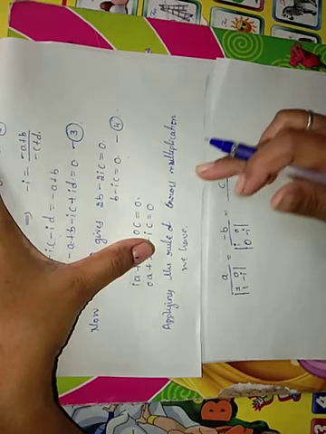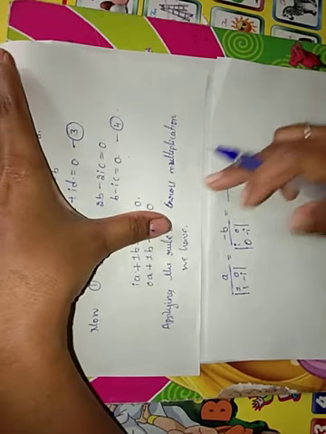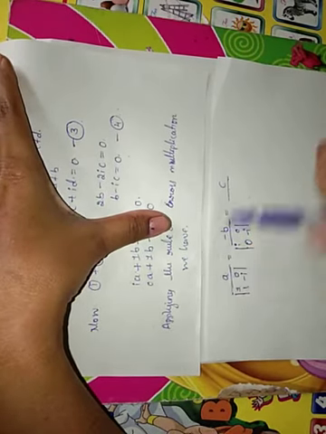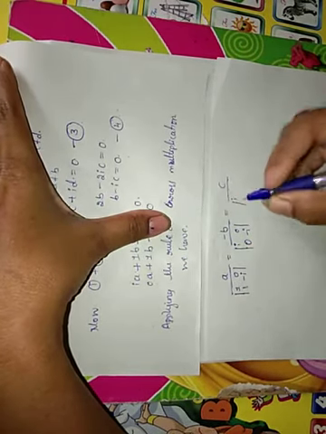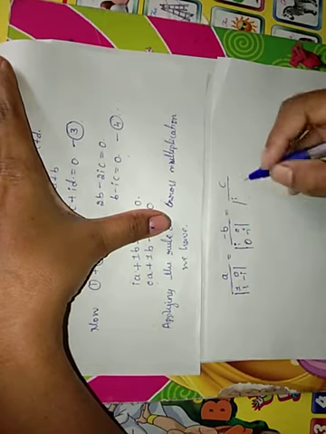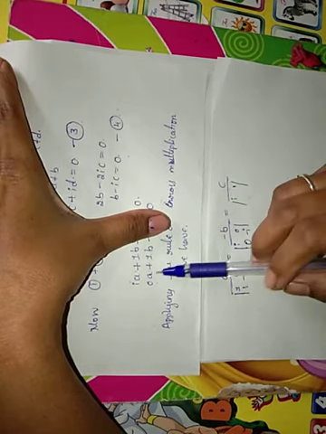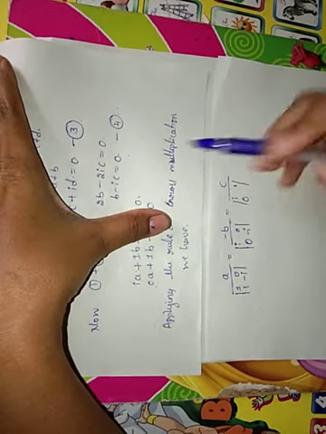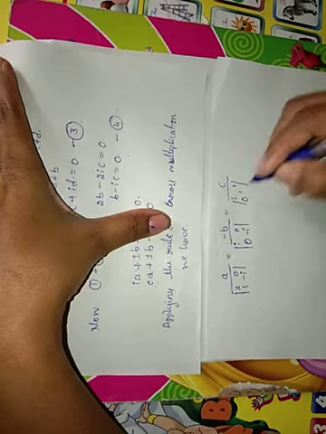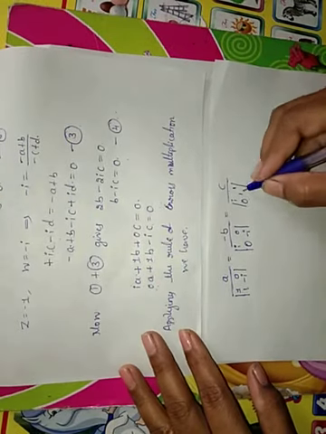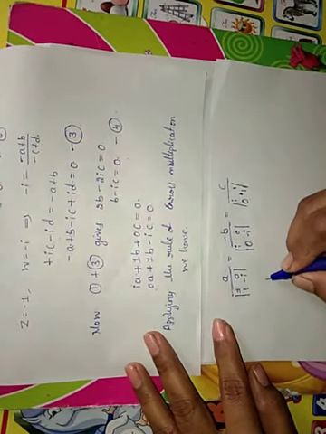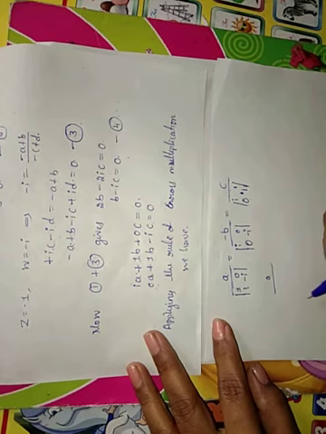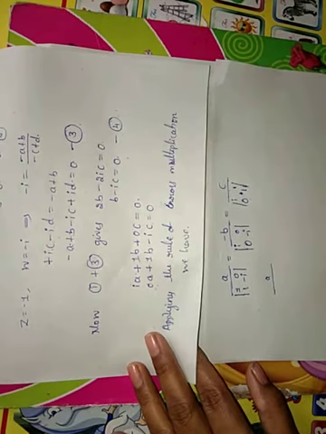Similarly, C divided by, leaving C, coefficient of A is i, coefficient of B is 1; coefficient of A is 0, coefficient of B is 1. Now we have to open the determinant.